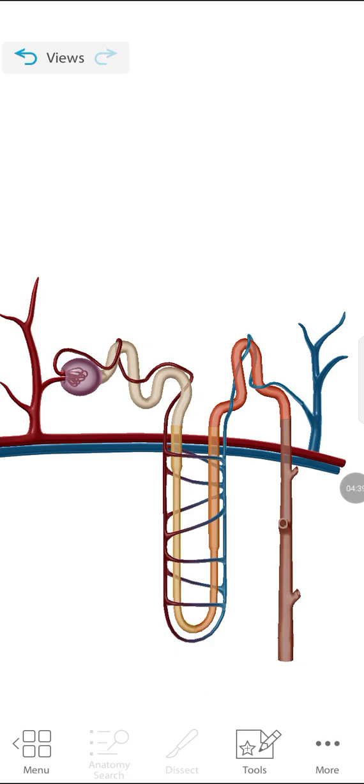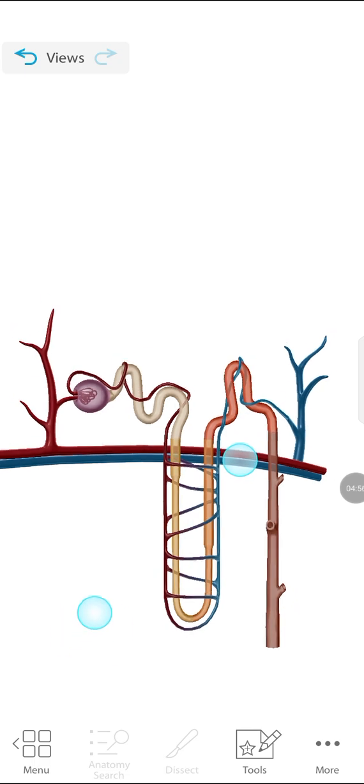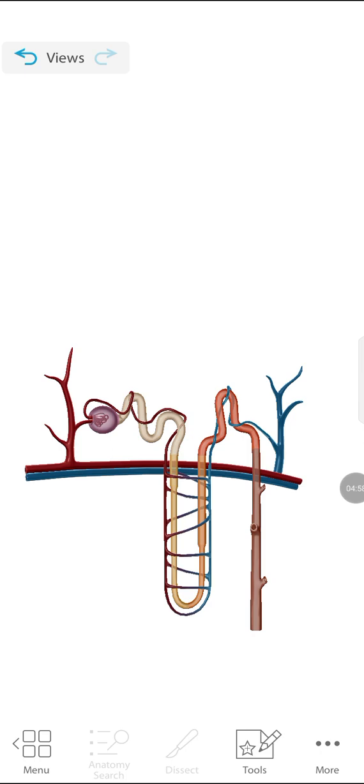So now when we say diuretic agents, you find that they will favor the excretion of fluids. So they'll block certain particular channels and favor the extrusion of fluids.